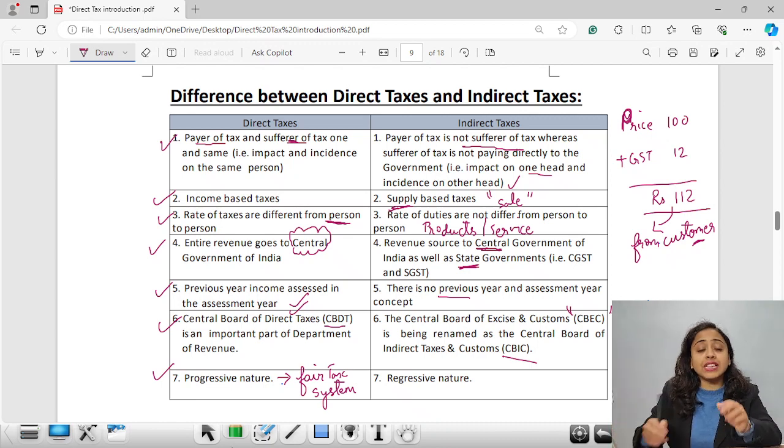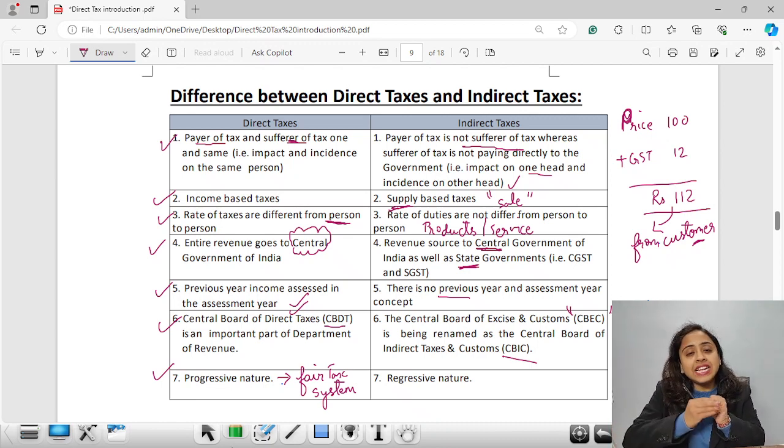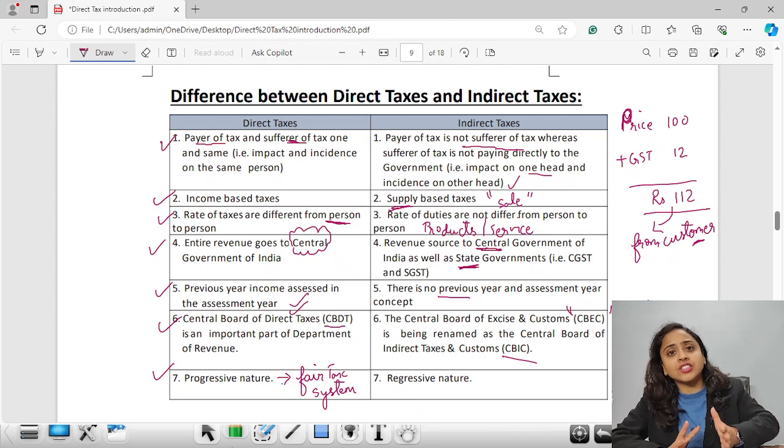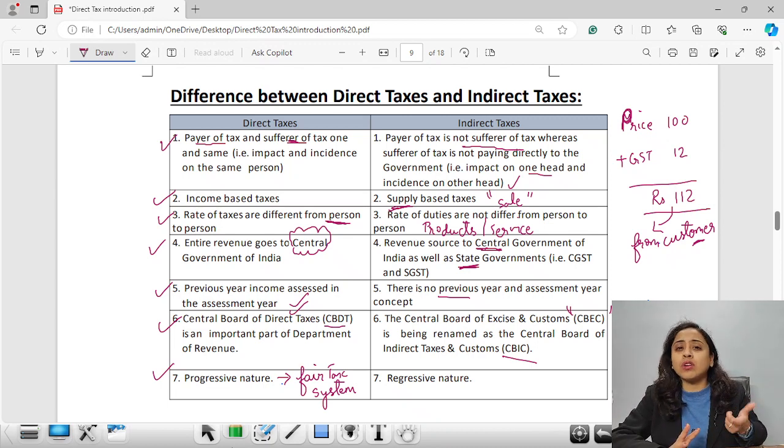So there are different ranges given, and each range attracts different rates of taxation. It is to make sure that it's a fair tax system. People who are earning more, who are capable of paying taxes at a higher rate, are charged higher rates of taxes. People who are earning less cannot afford much tax payment, therefore they are impacted with lesser tax obligations.